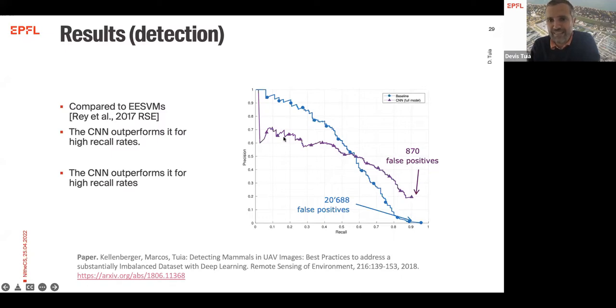But you see, the baseline will manage to detect all the animals, so all the 1,000 and something animals, but at the price of making 20,000 false predictions. While in our case, we were able to reduce this number of false predictions by a significant margin, going to around 800 false predictions to detect all the animals in the dataset.